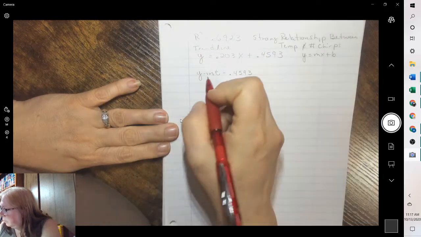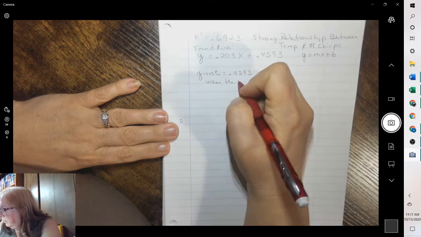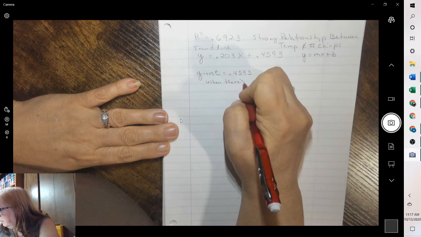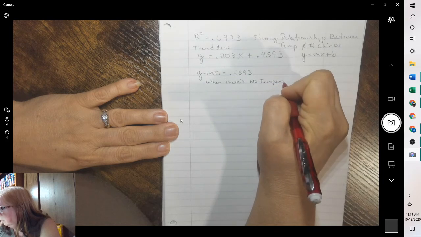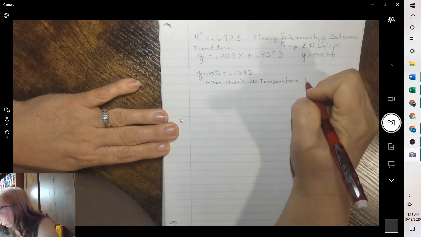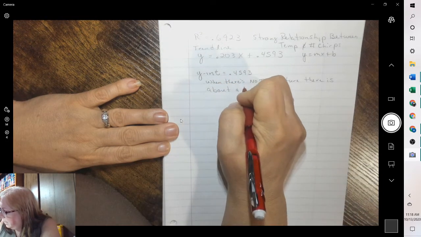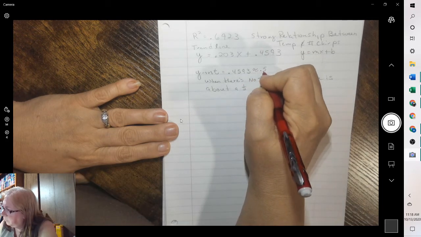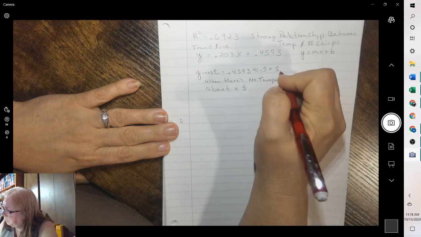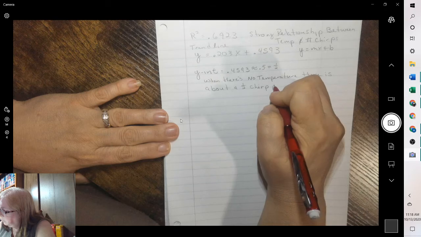So that means when there's no temp, there is about a half a chirp, because that's approximately 0.5, which is a half chirp per second.